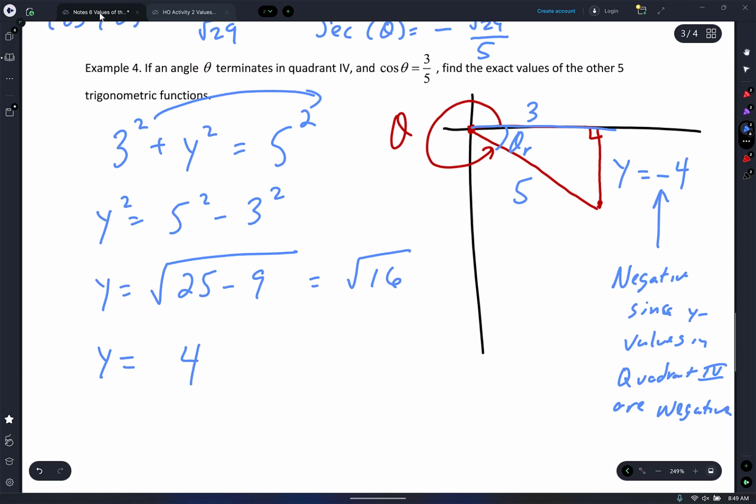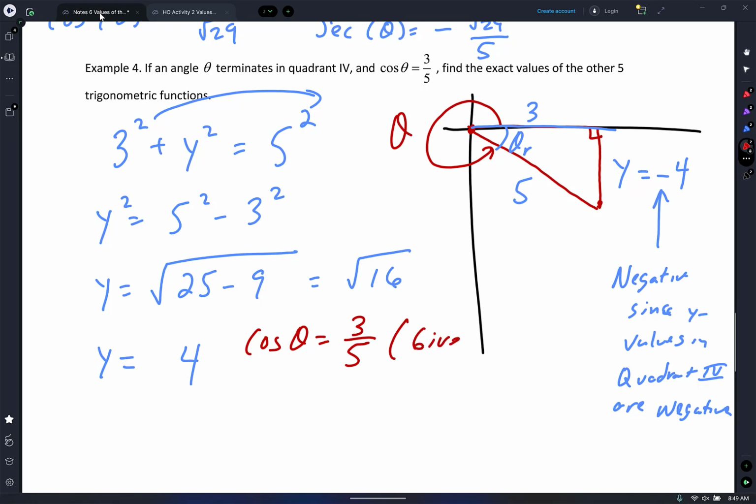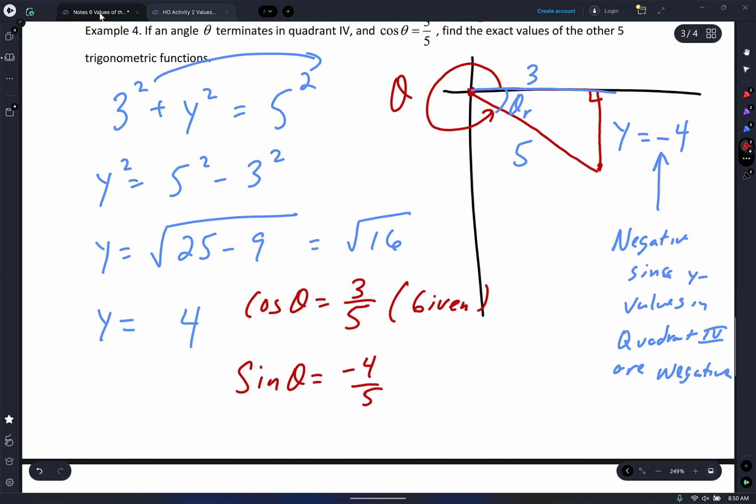All right. I got everything I need. Here we go. Cosine of that angle. It was given 3/5, but you could also have gotten it from the graph. Sine. Sine is opposite over hypotenuse. Let the reference help you out. What's opposite? Perfect. Negative 4 over 5. Tangent.